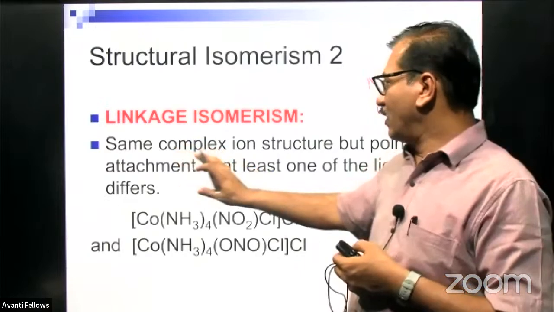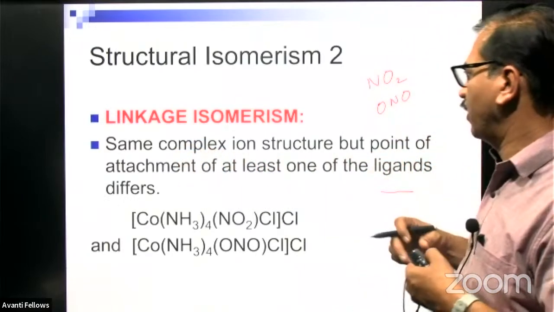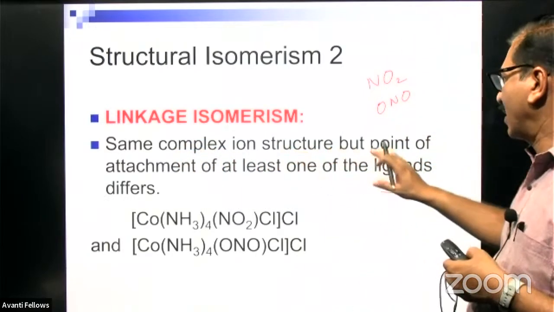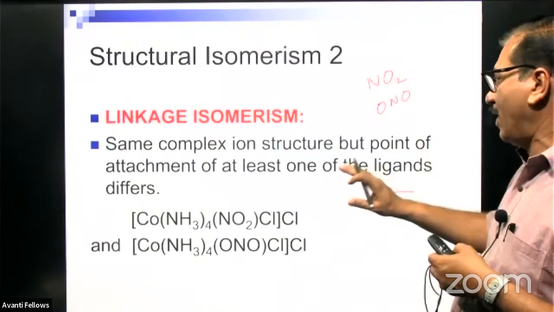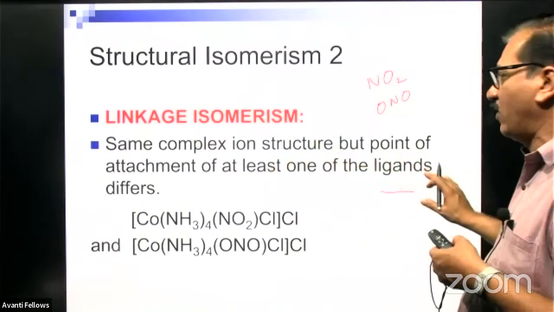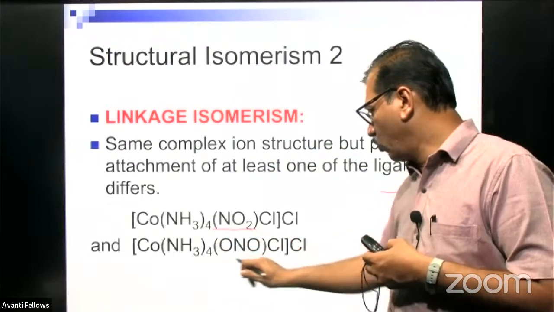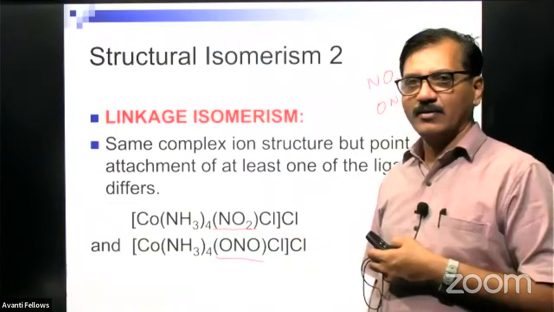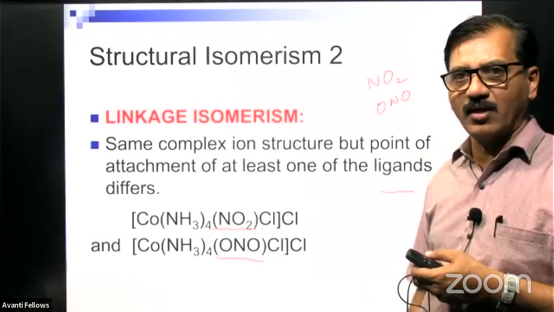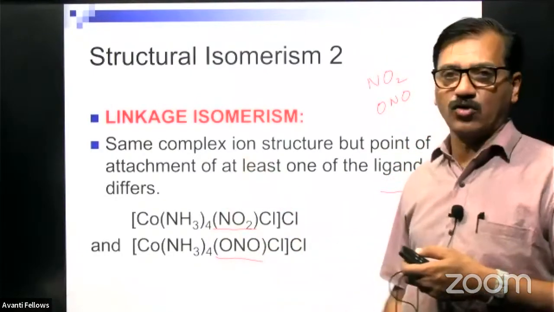So, linkage isomers form the same complex ion structure, but the point of attachment of at least one of the ligands differs. One of the ligands differs. NO2 and ONO, if present here, these are the linkage isomers.